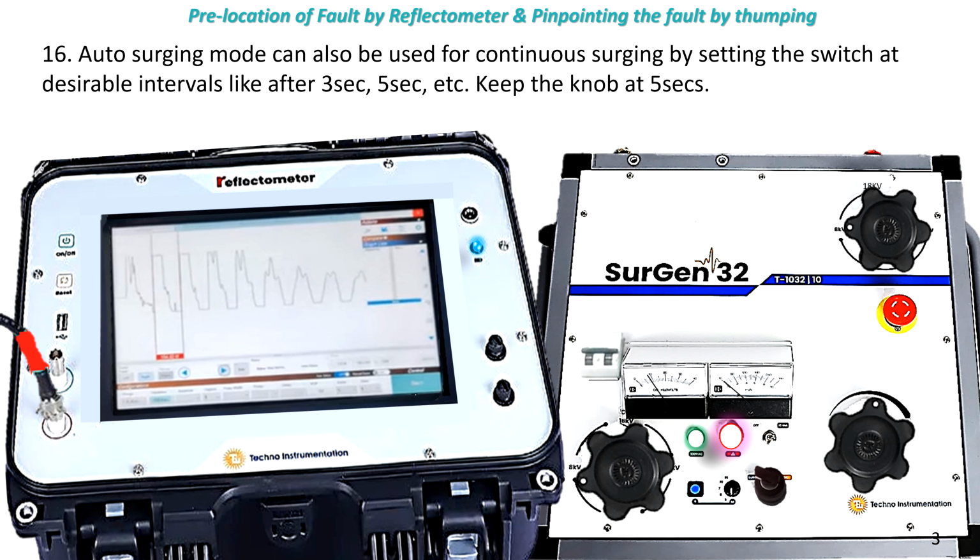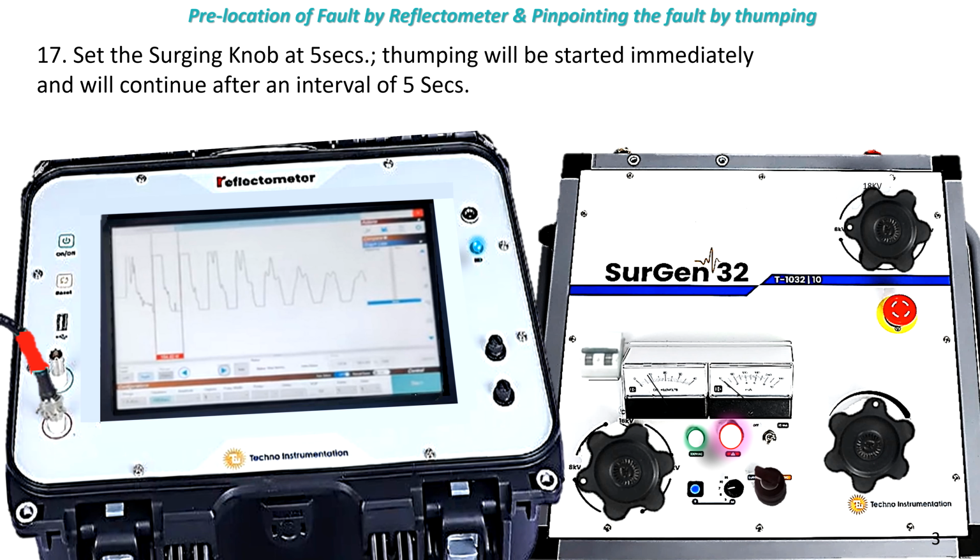Auto surging mode can also be used for continuous surging by setting the switch at a desirable interval like after 3 seconds, 5 seconds, etc. Set the surging knob at 5 seconds.